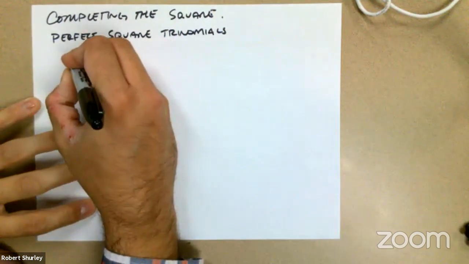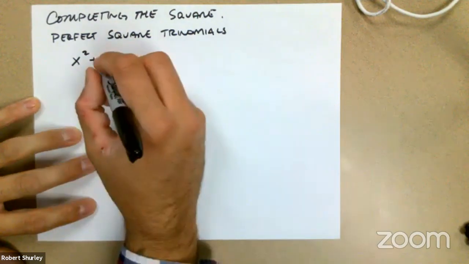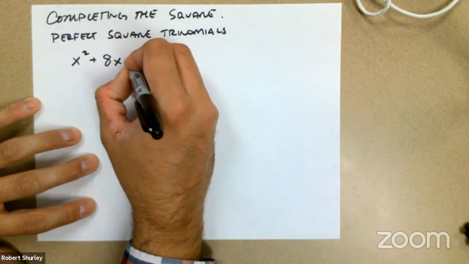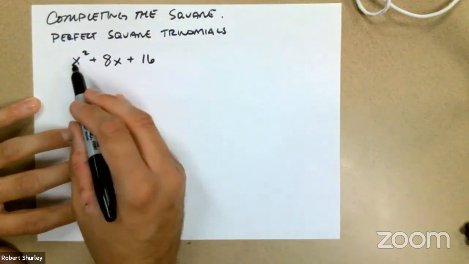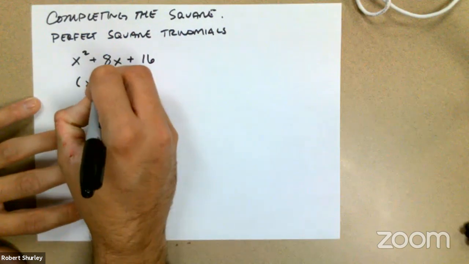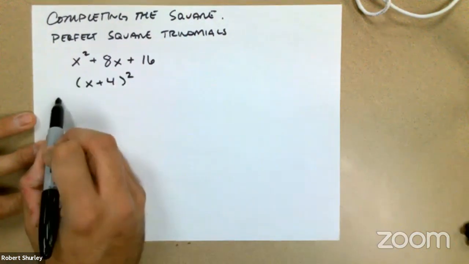Let's say x squared plus 8x plus 16. Okay, this trinomial, x squared plus 8x plus 16, factors into x plus 4 squared.